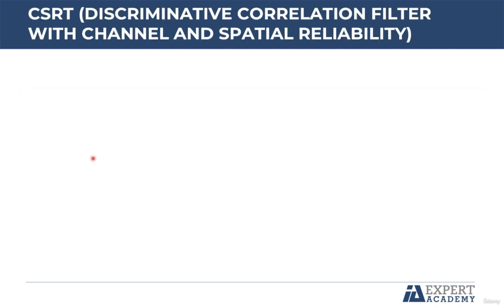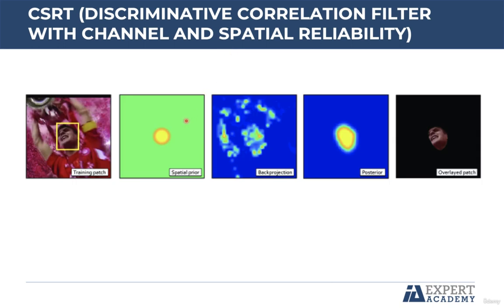Now let's go to the basic understanding of the CSRT algorithm, which means discriminative correlation filter with channel and spatial reliability. It is more accurate than KCF, but is slower. This image shows the steps of the algorithm.